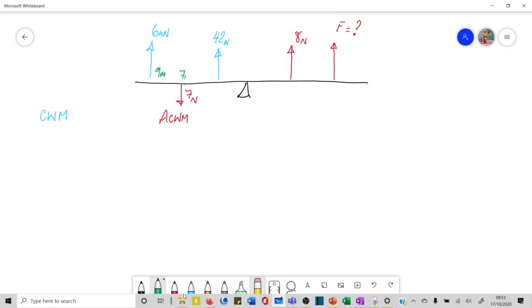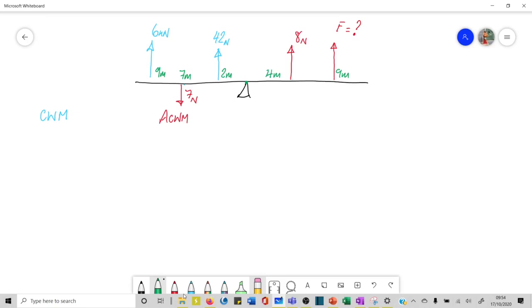This one is 7 meters. This is, let's say, 2 meters. And then we've got this distance here, so the 8 Newton from the central axis, the axis of rotation, let's say that is 4 meters. And then we've got F, let's say F is 9 meters.